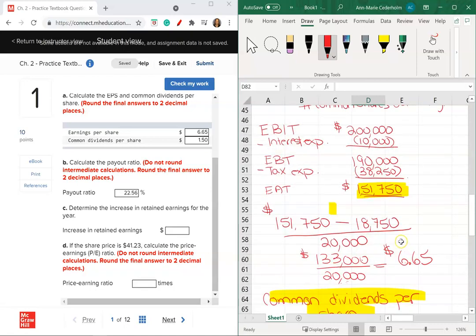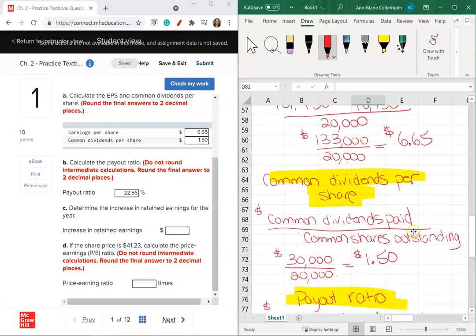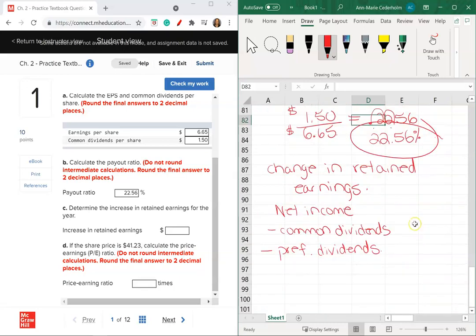The net income, also called the earnings after tax, is $151,750. Maybe I'll just say EAT, just so you know that's the same term. My common dividends were the 30,000, which came right out of the question, and the preferred dividends were 18,750.